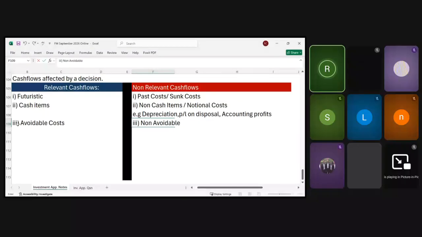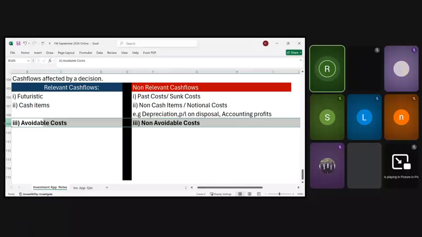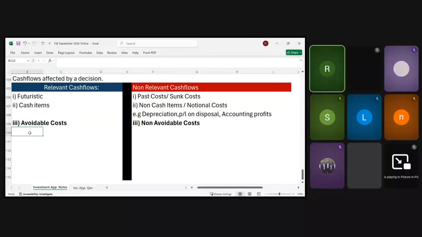Avoidable costs are the costs that you can avoid by not making a decision. Non-avoidable costs are costs that, whether you make a decision or not, you are still going to incur. Let us have examples here. We are going to have all variable costs. They are relevant.